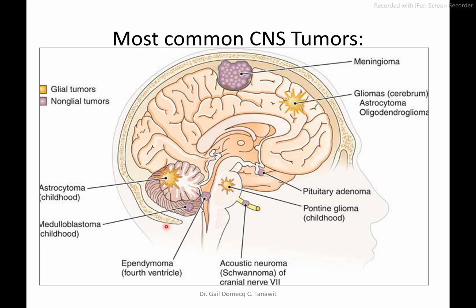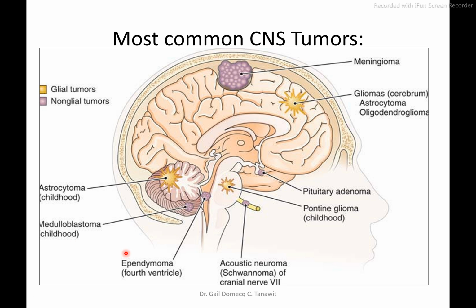Pag yung tumor mo nandito, tapos ang magiging histopathologic report is a medulloblastoma, it would be quite unlikely, because location-wise medulloblastoma is infratentorial, and on age medulloblastoma should be among pediatric patients.